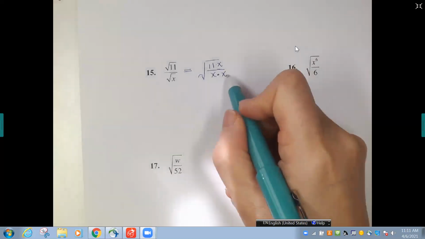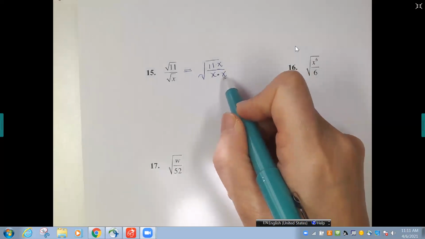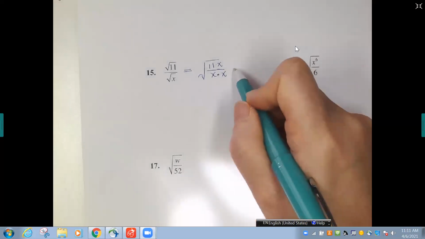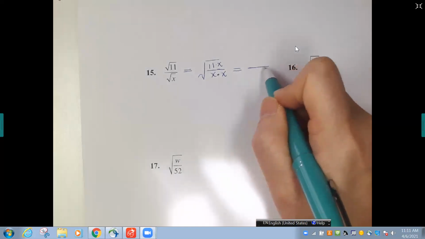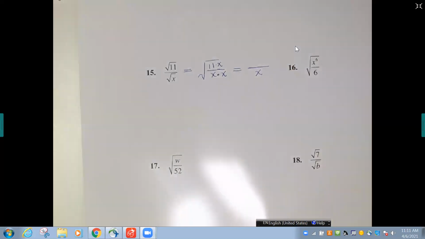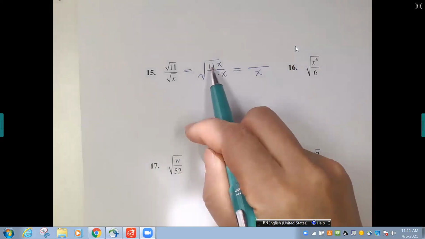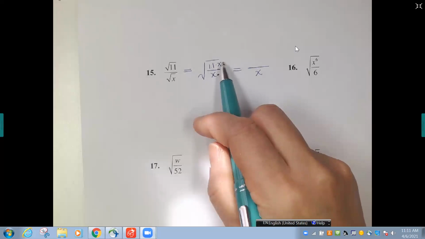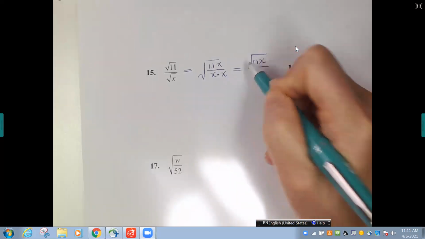Because we have x times x now, this x squared does not mean x plus x. It means x times x. Then we'll have x squared. So this x can be moved out, but it stays on the bottom. We draw a bar here, and we'll have x. What is on the top? We have 11 times x. 11 is a prime number, and we cannot factor it. The power is 1. This x has the power 1 as well. So both 11 and x will stay within the radicand.